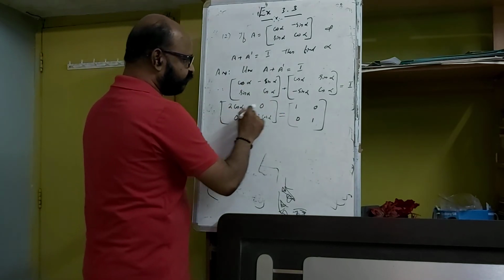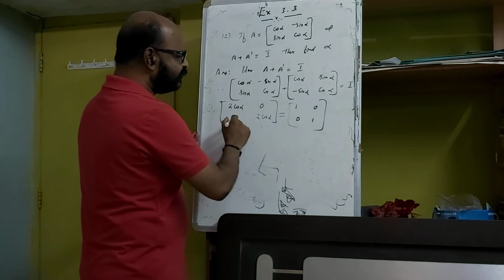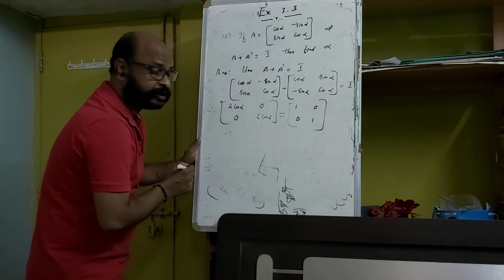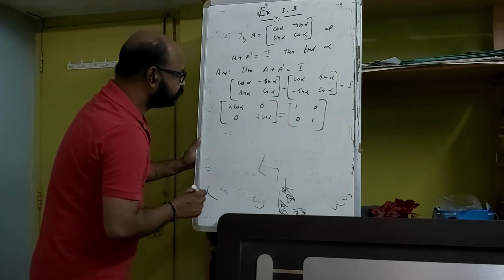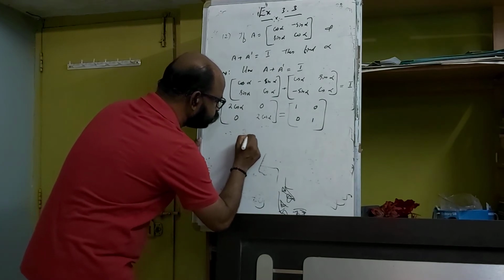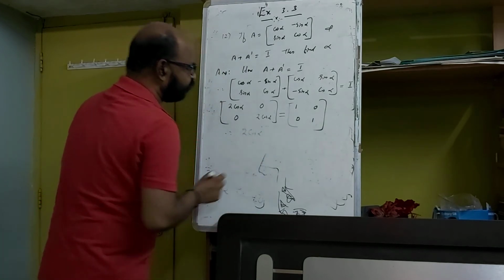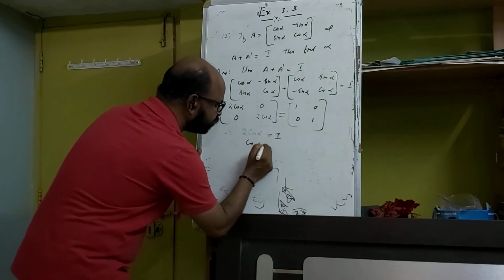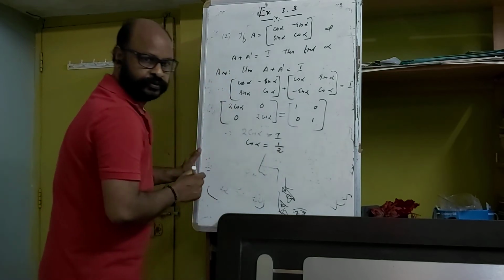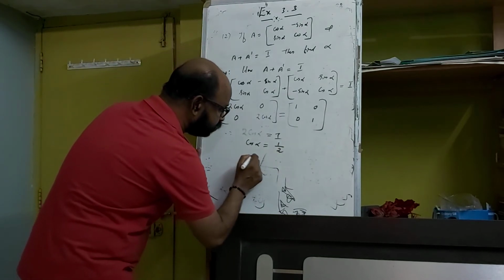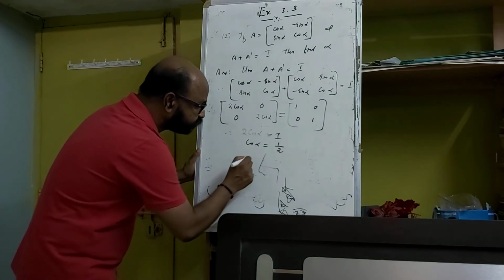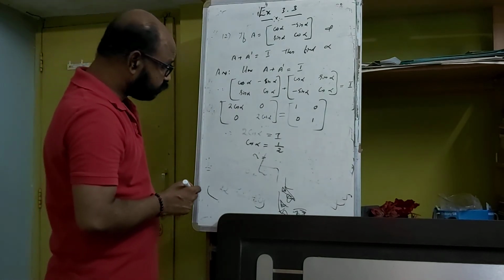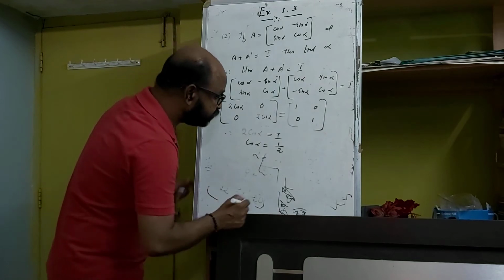Actually 2 cos alpha is 1, 0 is 0. Anyhow it is enough to consider only one equation because we have only one unknown, that is cos alpha. So we are getting therefore 2 cos alpha is equal to 1. So cos alpha is equal to 1 by 2. The meaning is, for how much angle is cos 1 by 2? 60 degree, that is pi by 3.